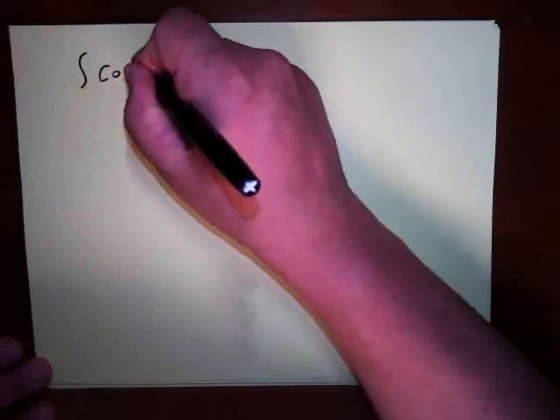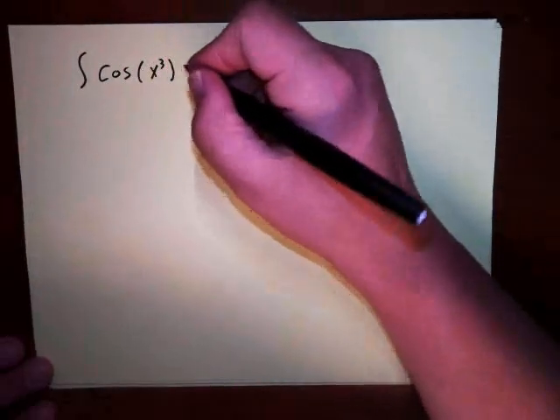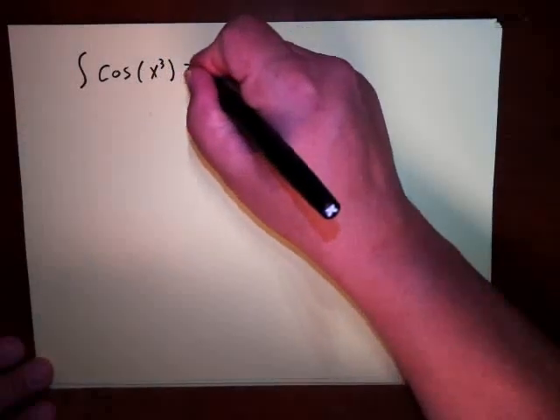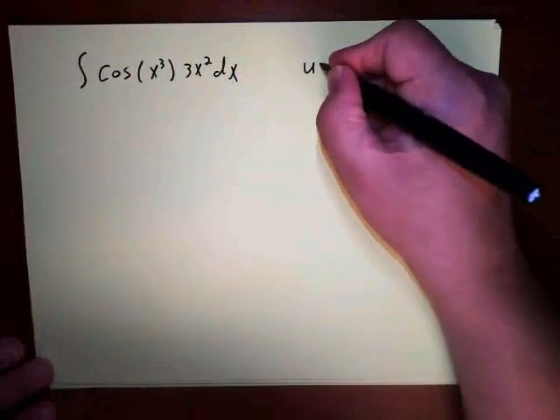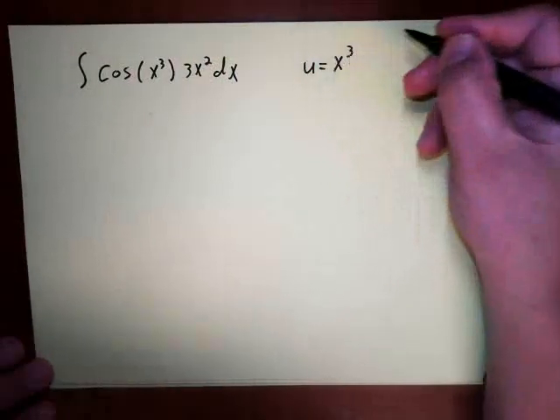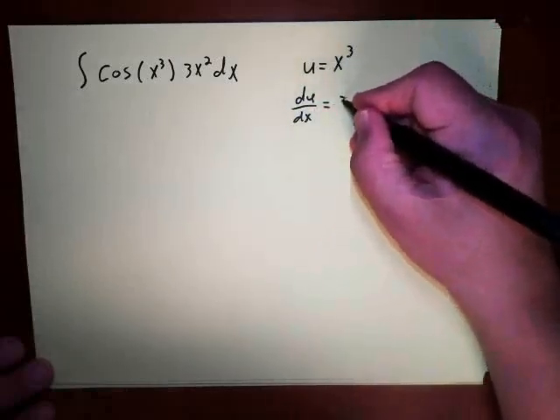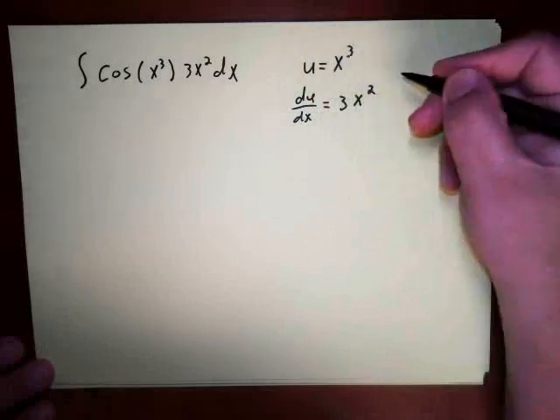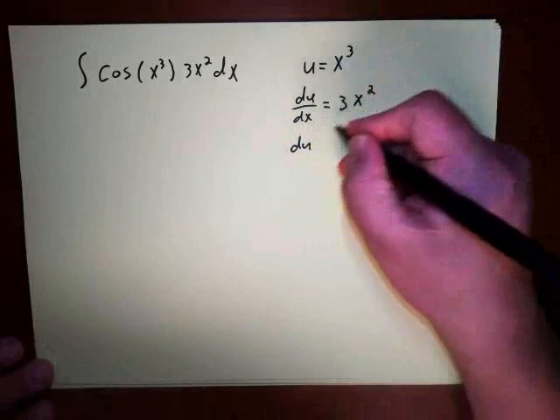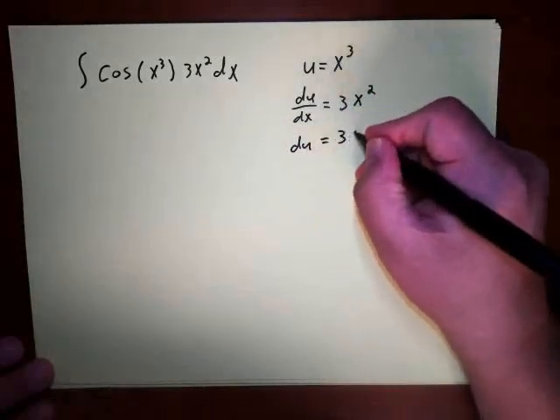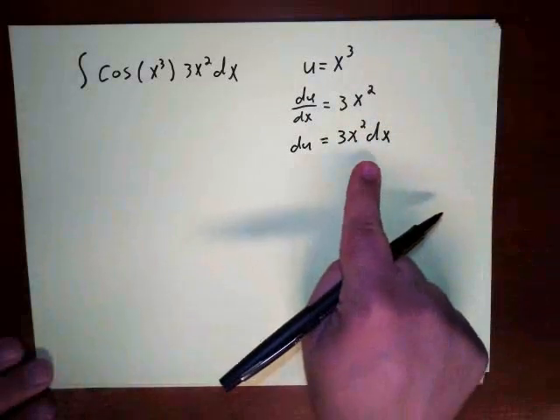So let's say I have the cosine of x cubed, and then I had 3x squared dx. So what I would do is let my u equal the inside function, then du dx would equal 3x squared, and now I'm going to bring the dx over, split that up, and I know that's a little strange, but you can do it for this and use this technique.